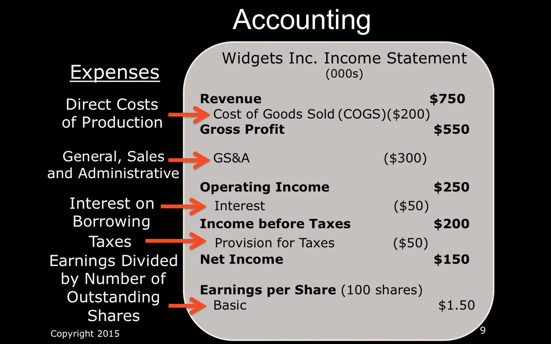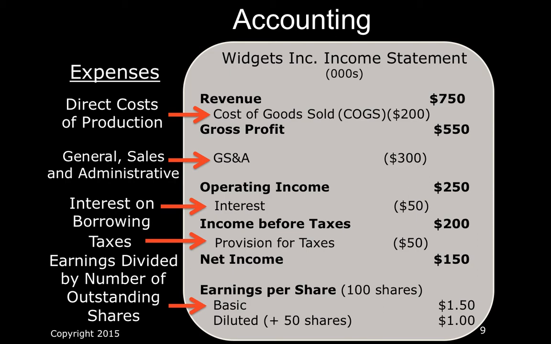The income statement also shows diluted earnings per share. This is the earnings divided by currently outstanding shares plus shares that investors and executives currently have options to purchase. This number will always be lower than basic earnings per share because the number of shares across which earnings are spread will be higher.